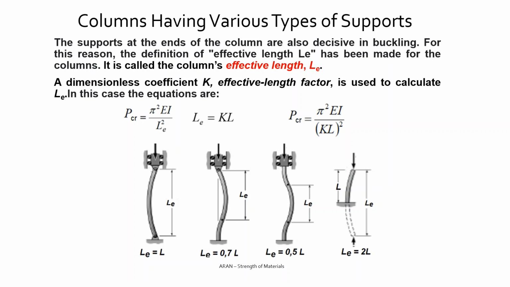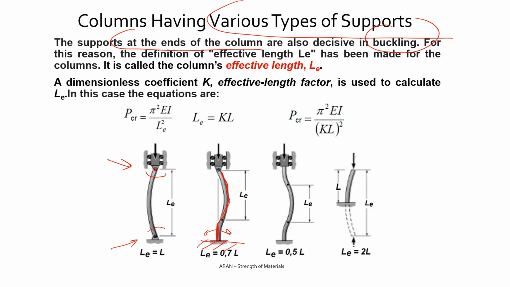Columns may have various types of supports, and the supports at the end of the column are important for buckling. As you see, we have considered only pin supports where the column at the supports can rotate, but for example, if you take the lower support fixed, this column cannot make a rotation around this end, so in this case, the buckling will be in a smaller segment of the column.